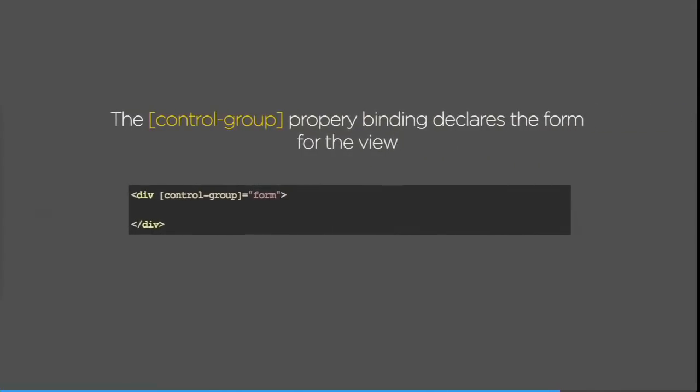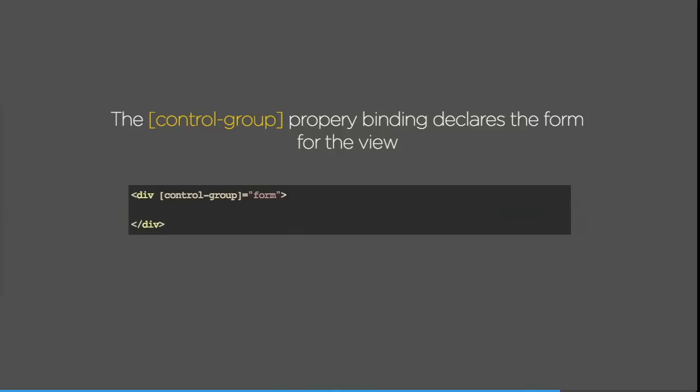And so now that we've gone over how we build our forms, we have to know how we get them onto the view itself. And so we have a specific template syntax to do that. So we created a form group, so we can add this form group to the page through the control group property binding. So we're binding to the property here, and we're creating a form, and that form is the property of our controller.